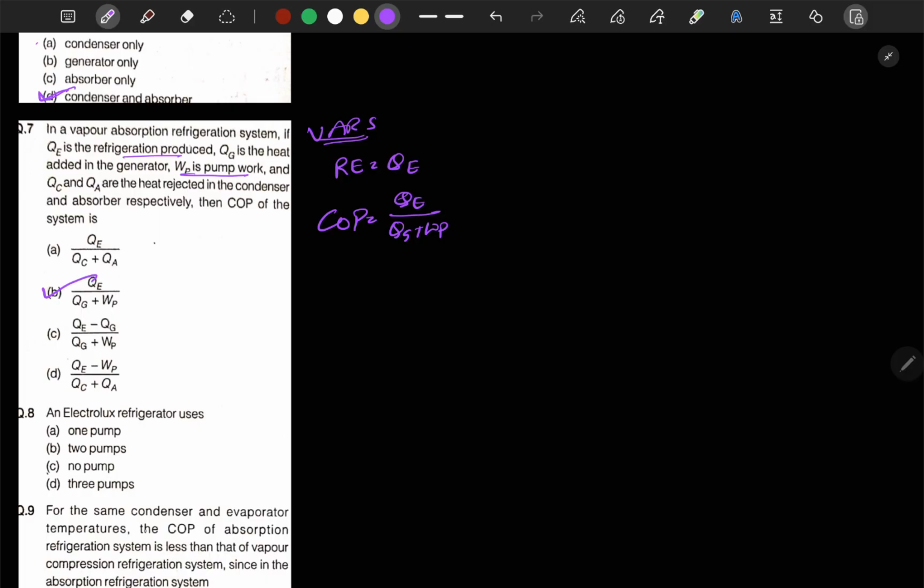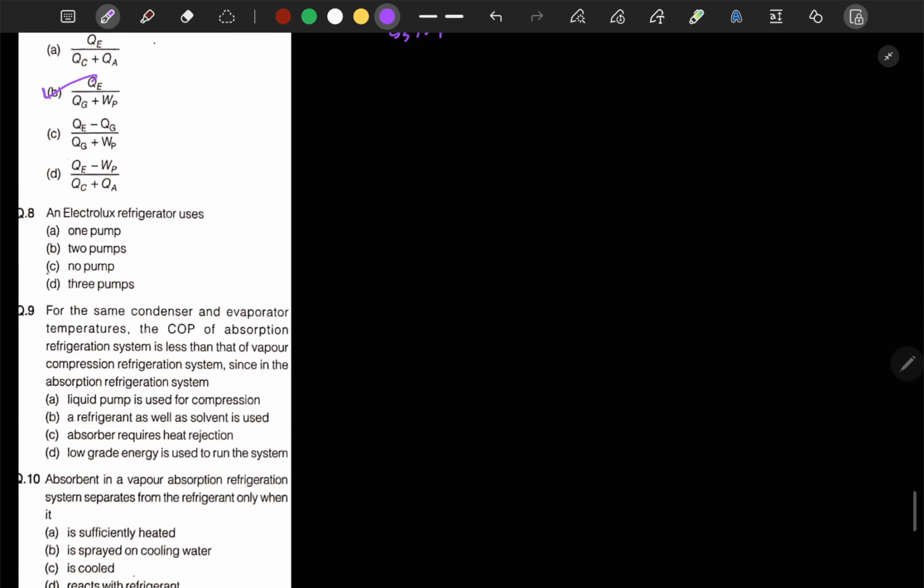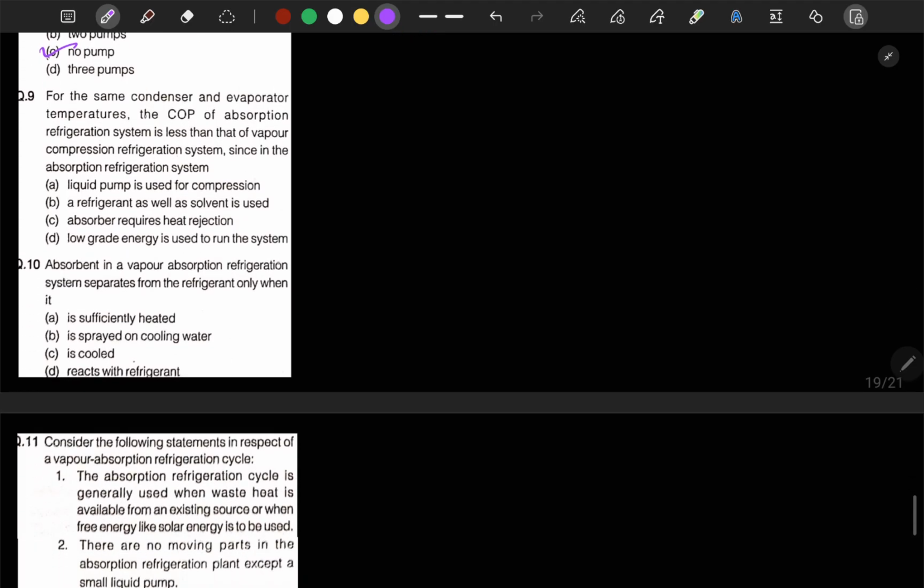Okay, moving to the next question. Electrolux refrigerator, there is no pump. Okay, it totally works on gravity.